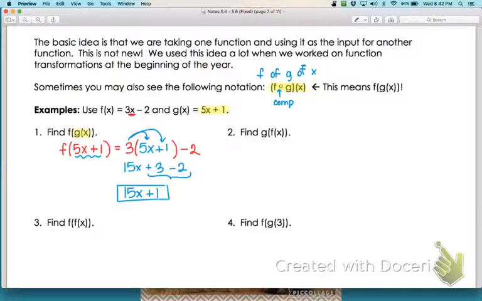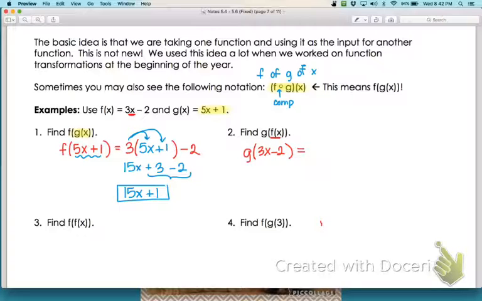Now, we can do this in the opposite direction as well. If I want to do g of f of x, if we look at example 2, now I'm going to put f of x here. And so that means that we want g of f, which is 3x minus 2.